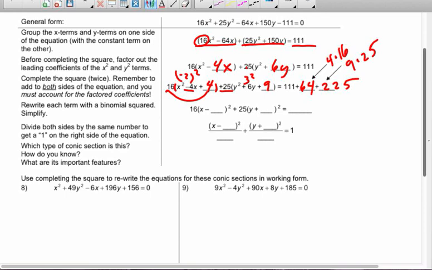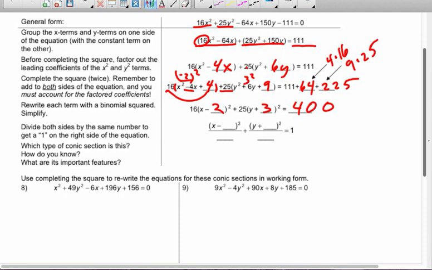Now I'm ready to complete the square, so I've got a 16 over x minus half of my b term squared, x minus 2 squared, plus 25, and I'm going to have y plus 3 squared. And when I add everything together over here, I end up with 400. Okay, now this is an ellipse, and the way you can tell is these are both positive, but they've got different coefficients. So that makes it an ellipse.